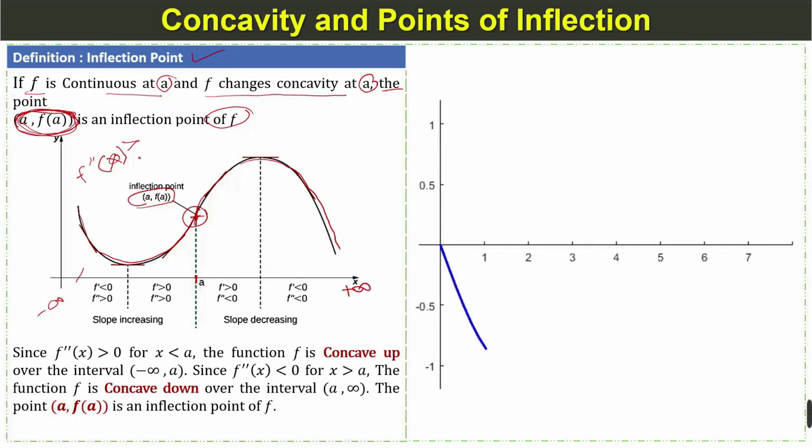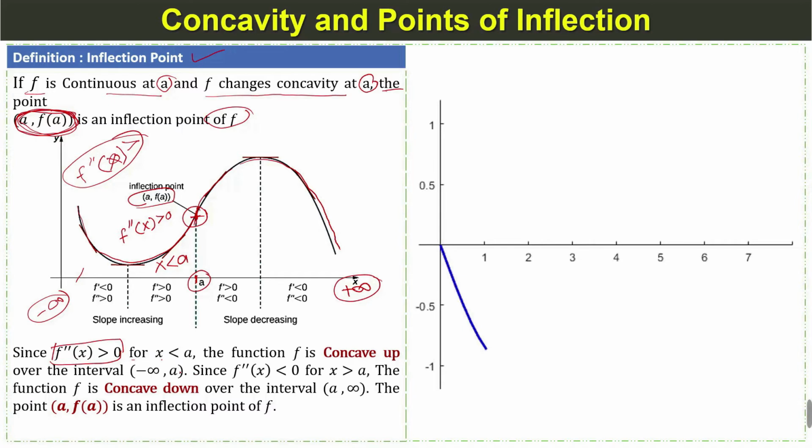Since the second derivative of the function is greater than 0 for x less than a, this means the second derivative is greater than 0 for all values of x that are less than a.